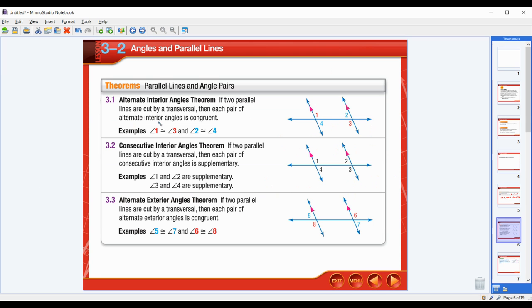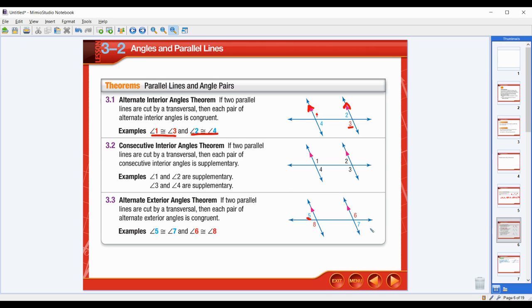Likewise, alternate interior angles and alternate exterior angles have the same exact thing going on here. Alternate interior angles we learned about yesterday, that would be like angle 1 and angle 3. Since these two lines here are parallel, our alternate interior angles are also congruent. So 1 and 3 are congruent, 2 and 4 are congruent. Alternate exterior angles are the same thing, right?